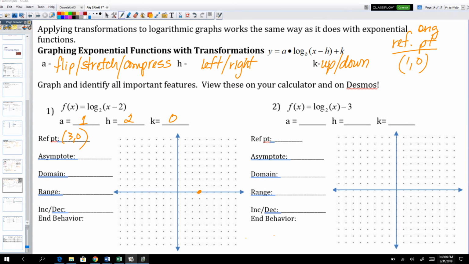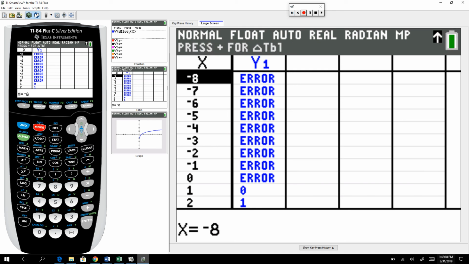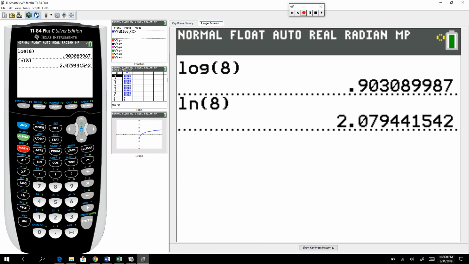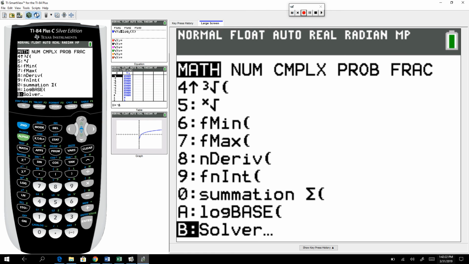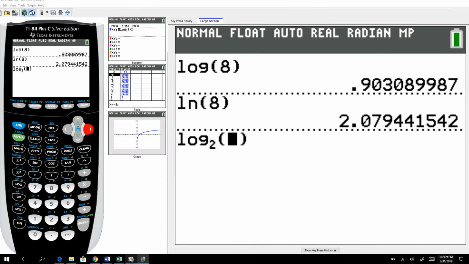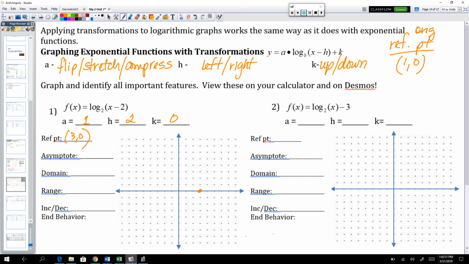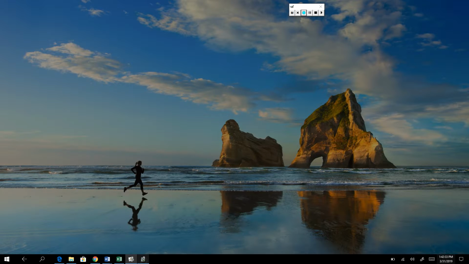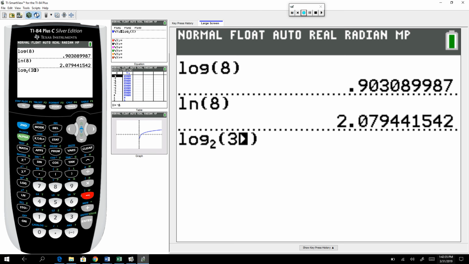And you can certainly put that in your calculator if you want to do log base 2. Let's do that now. Let's go to our home screen and do math, choice A. Do log base 2 of, what was our value? Of 3 minus 2. So you can do 3 minus 2.